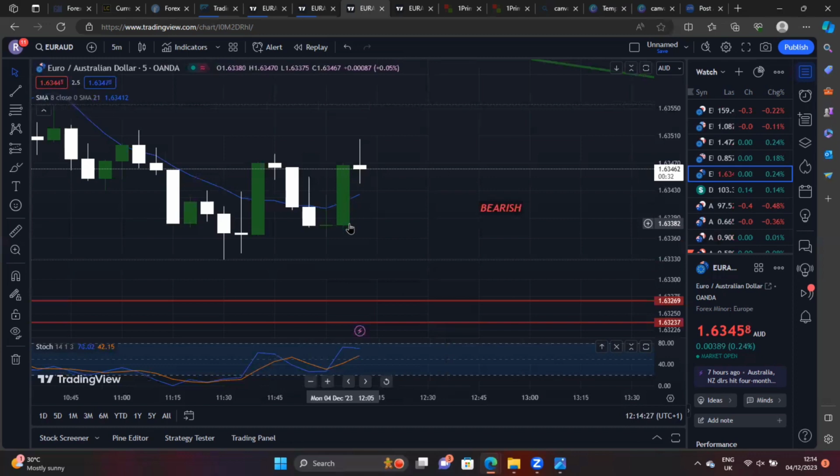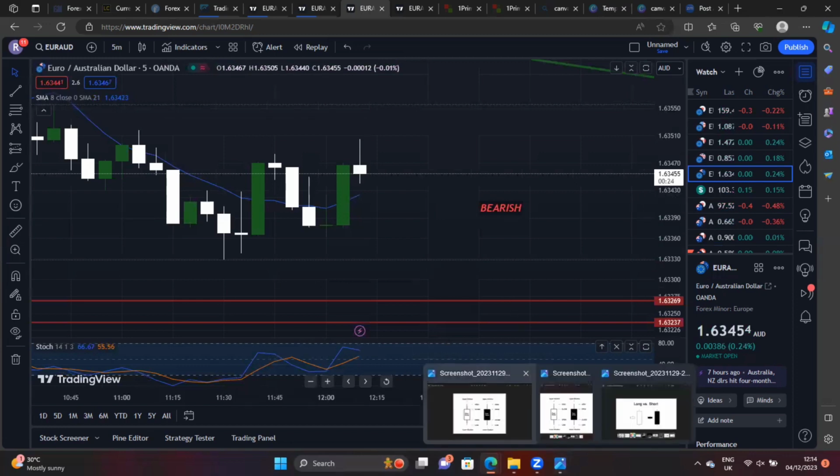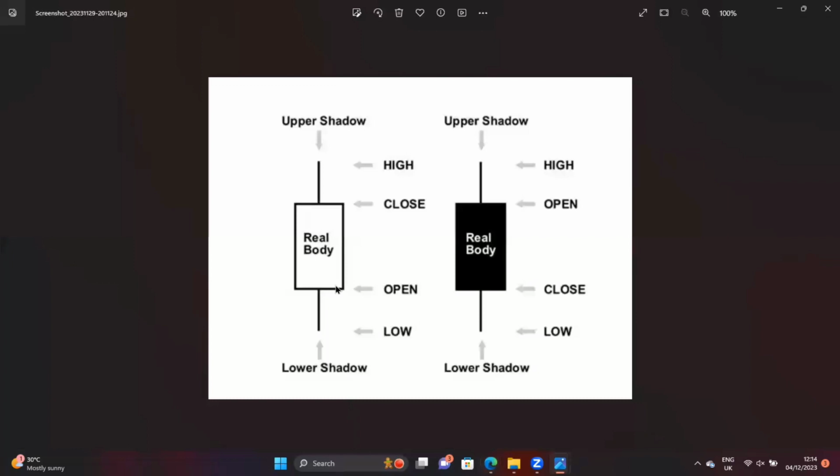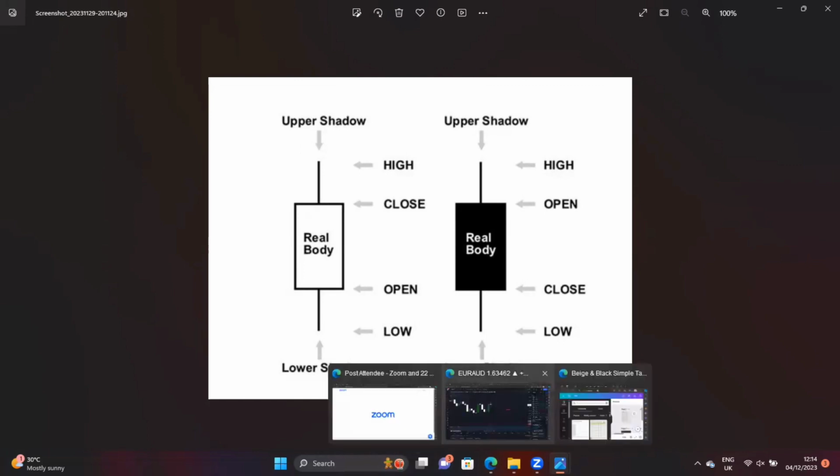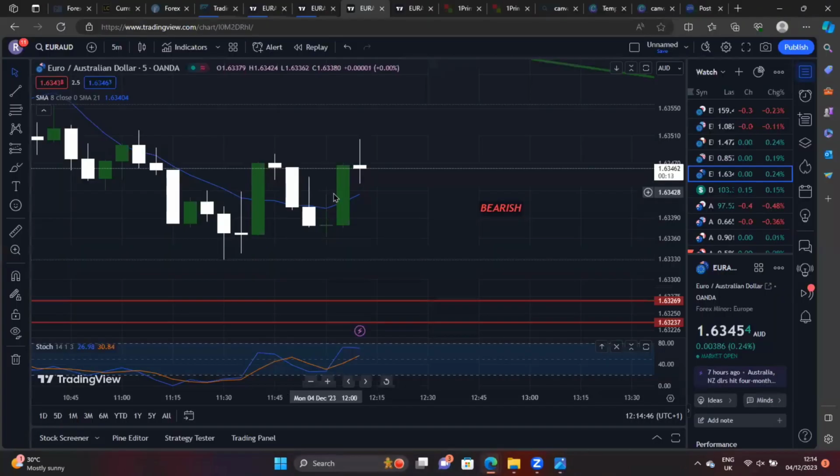But if the open is below and it closes above, in this case where we have open below and close above, we call this candle a bullish candlestick. In the case of this particular candle here, you can see that it opened below and closed above.